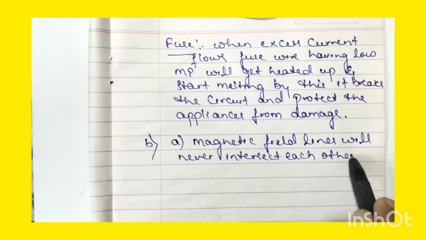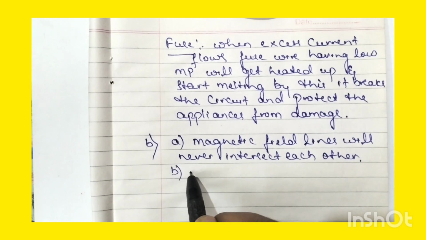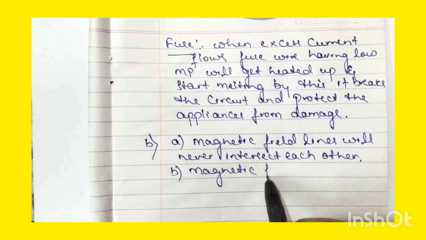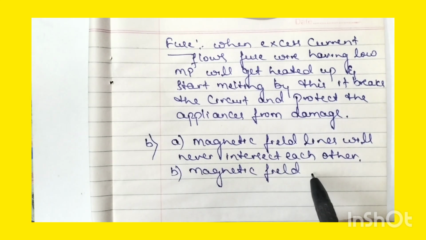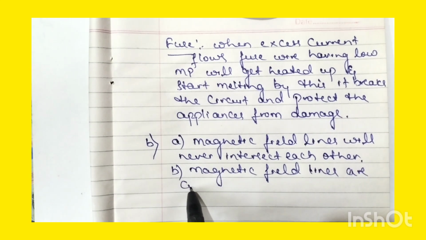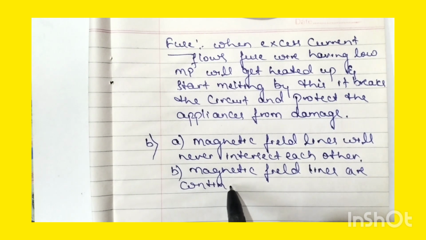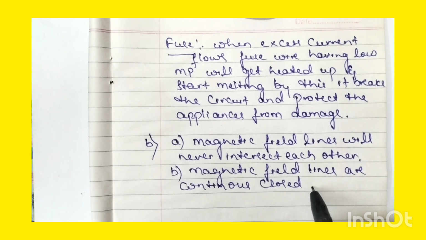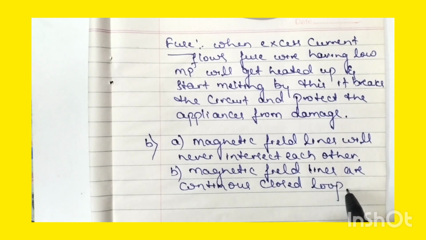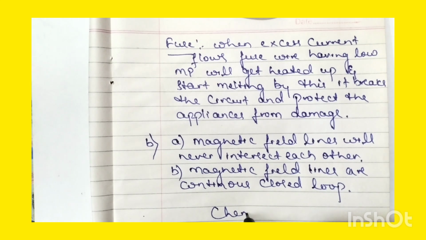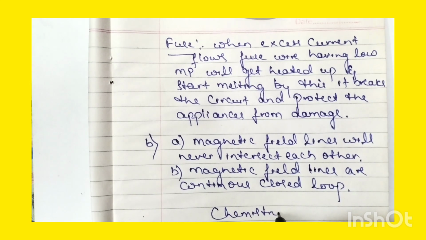Second property, magnetic field lines are continuous closed loops. So these are the questions that are related to physics.